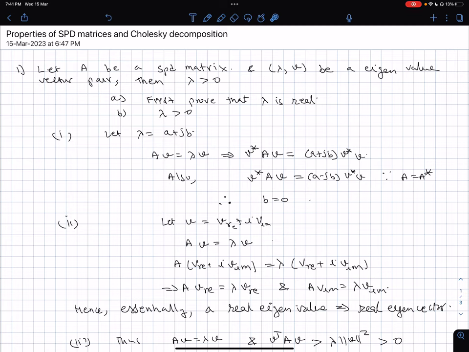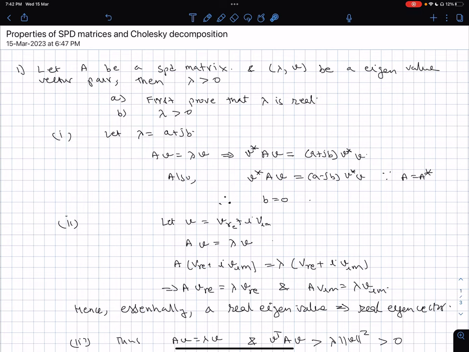Even if I forget to say this, please understand this. So the eigenvalue-eigenvector equation says that A times V will be equal to lambda times V. Now, at this point of time, since I am assuming lambda can be complex, I have to also assume that V is also an eigenvector with complex values inside it.